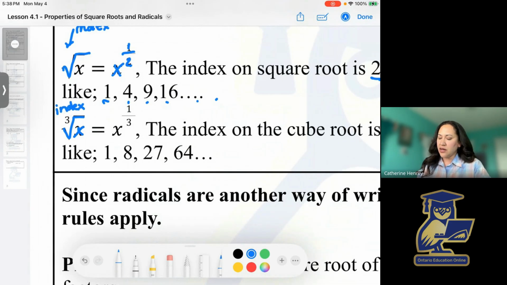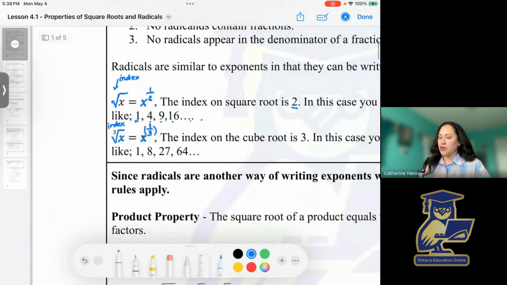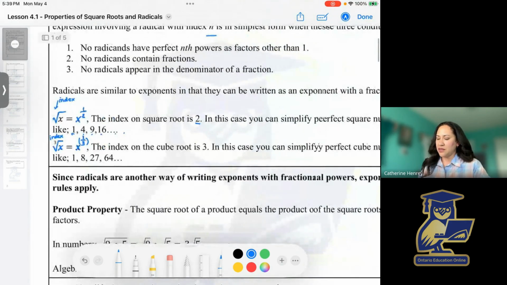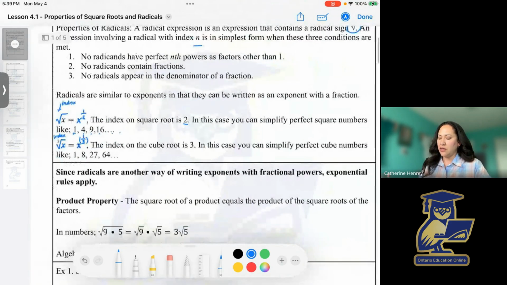So here what we're talking about is x to the power of 1/3. And with cube roots, now you're thinking of numbers. Well, what number times itself 3 times? That's a perfect cube number. So we have 1, so 1 times 1 times 1 is 1. We have 8, since 2 times 2 times 2 is 8. And then 3 times 3 times 3 is 27, and so on and so forth.